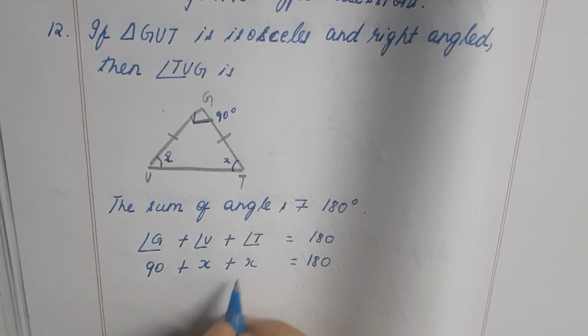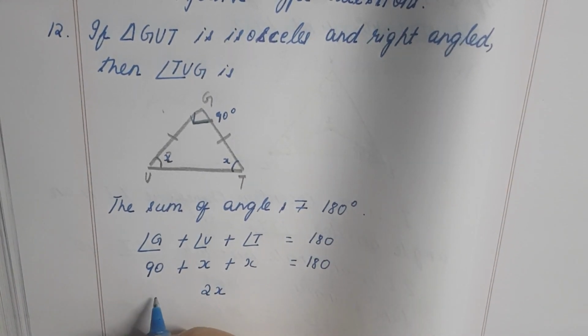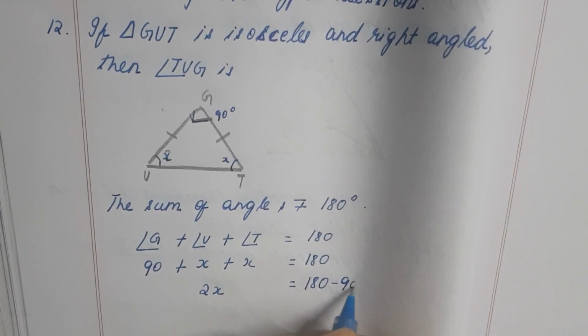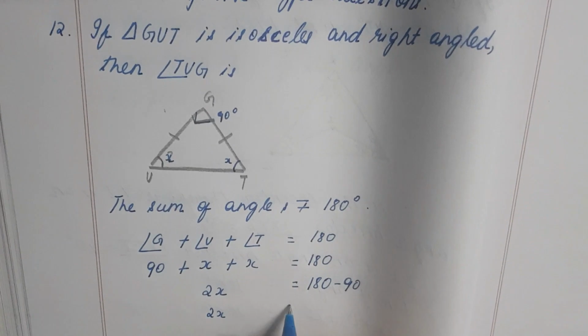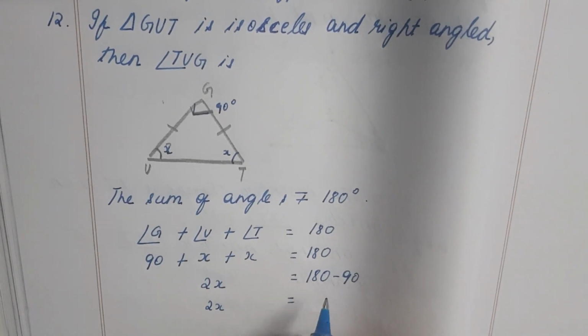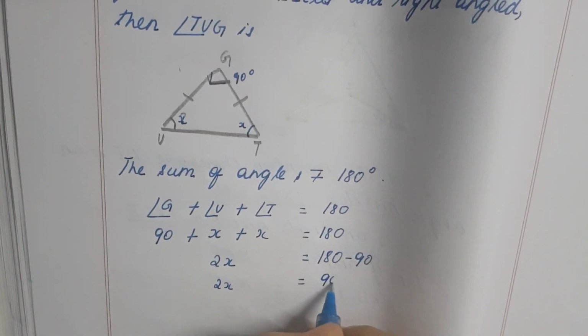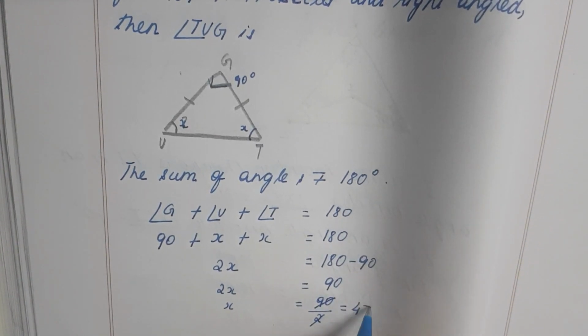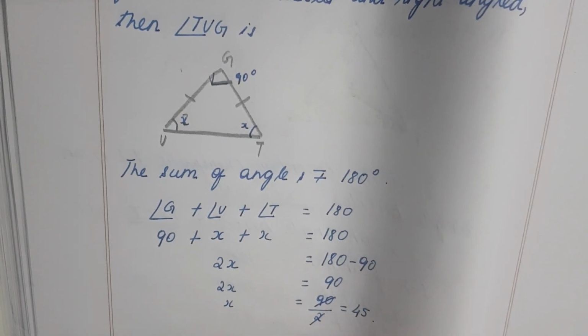So x plus x is 2x, and the plus 90 on the other side will become minus 90. So 2x is equal to 180 minus 90, which is 90 only. So x is equal to 90 divided by 2. So 2 one time 90 goes 45 times. So the value of x is 45.